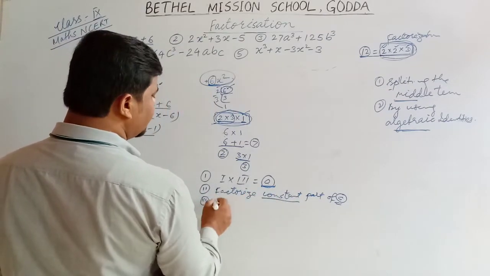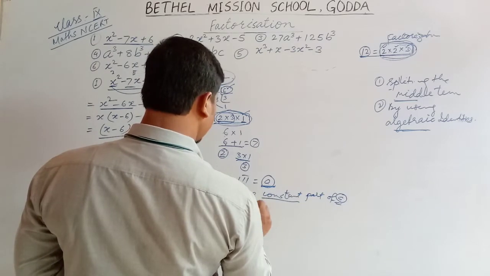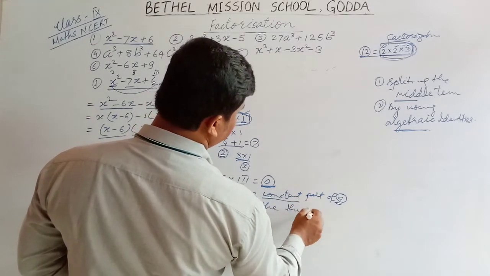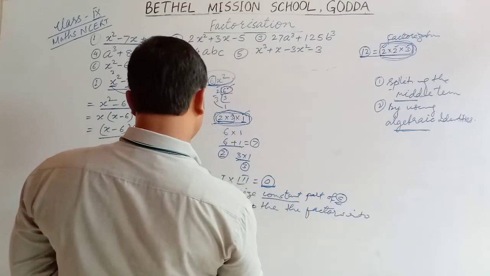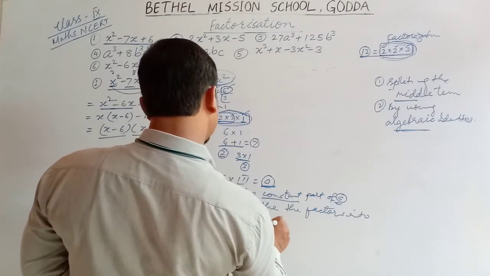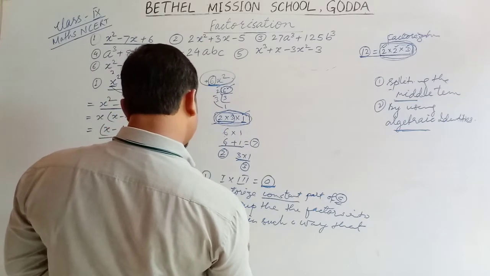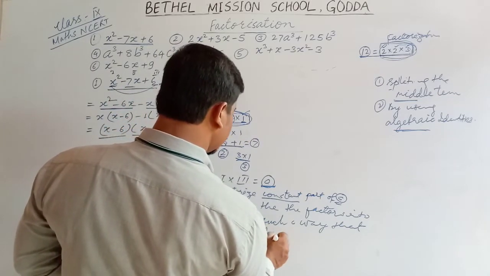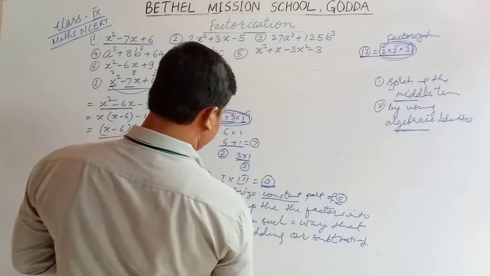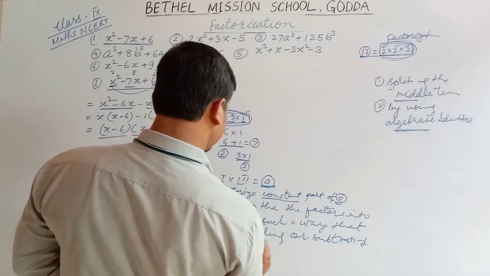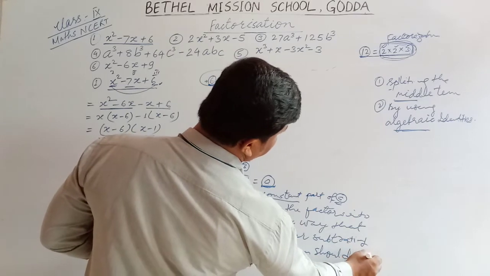After that, third step, regroup. Regroup the factors into two parts in such a way that after adding or subtracting, the middle term should come.